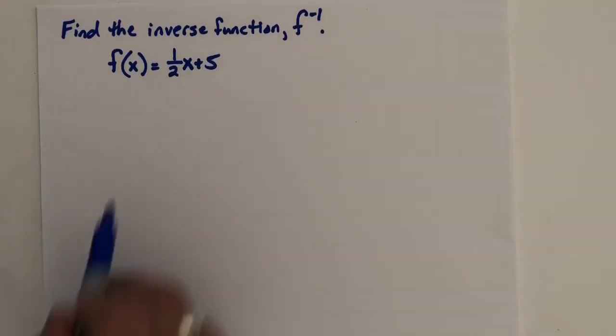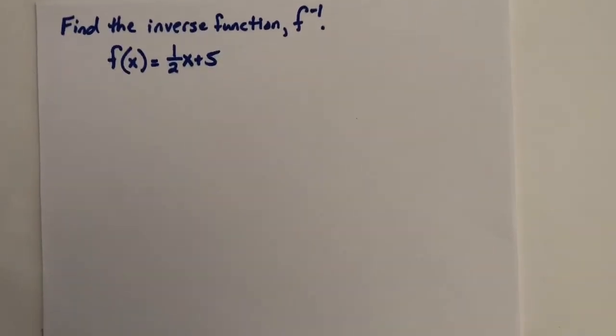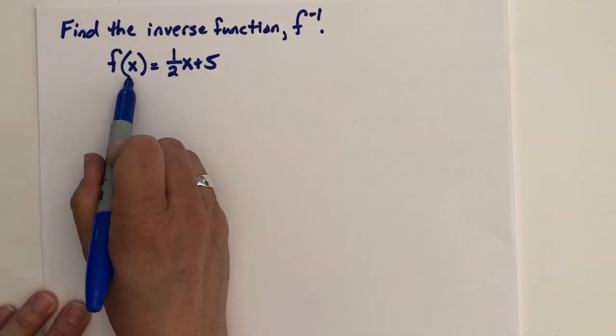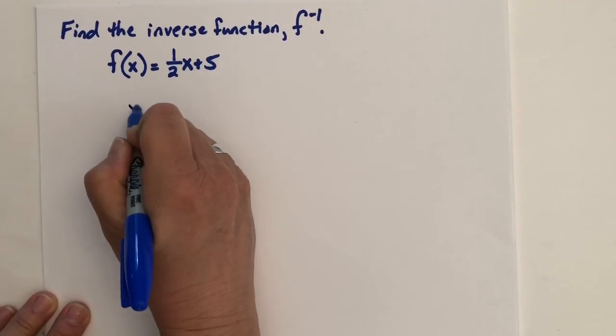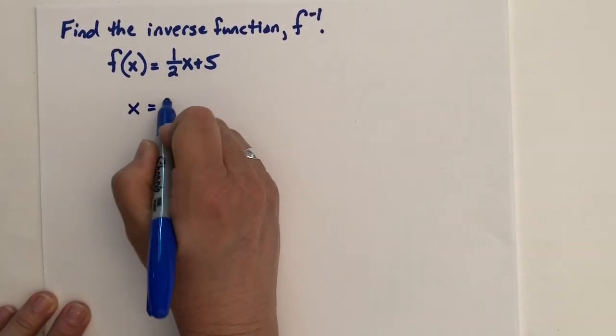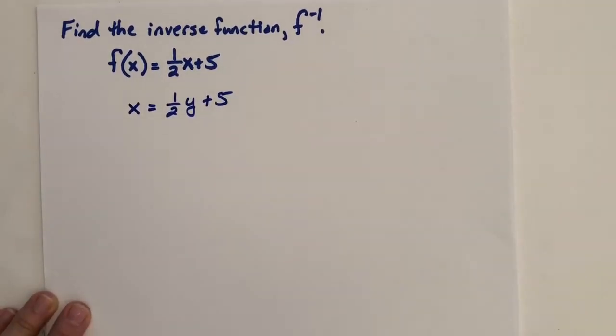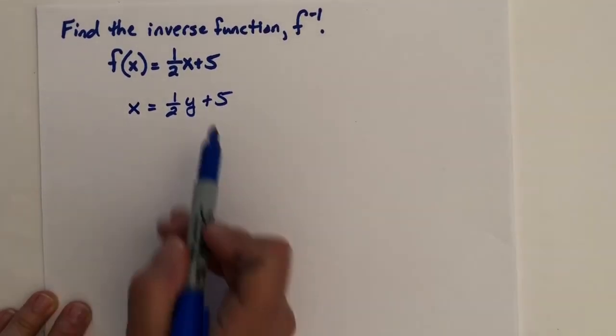So for the inverse, remember there are 2 steps: switching x and y, and then solving for y. So here's my y, it becomes an x. Here's my x, it becomes a y. And I solve for y. You can subtract 5 or multiply by 2, whichever you prefer first. I'll subtract 5.